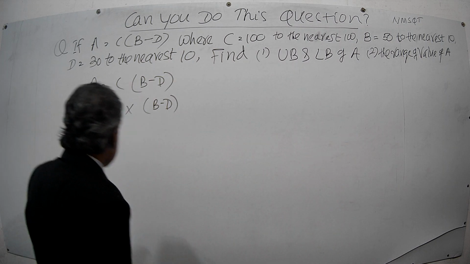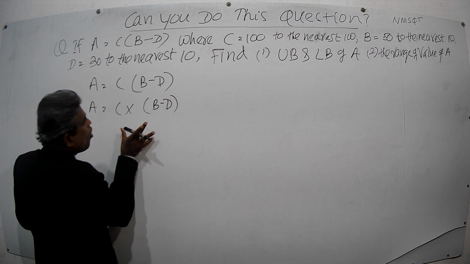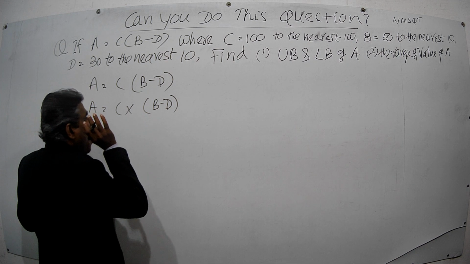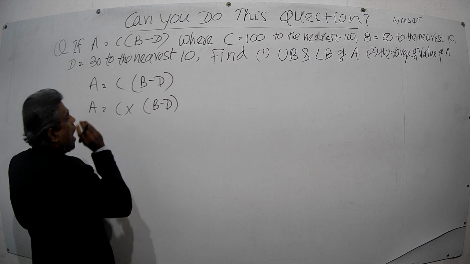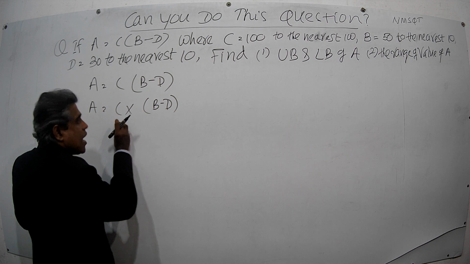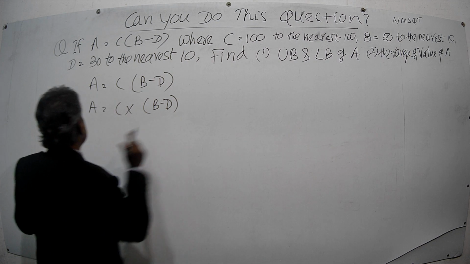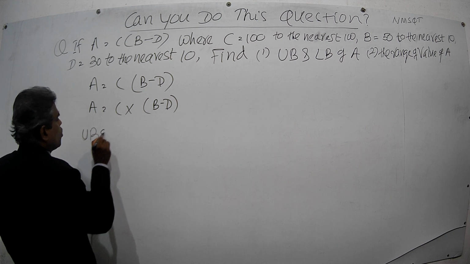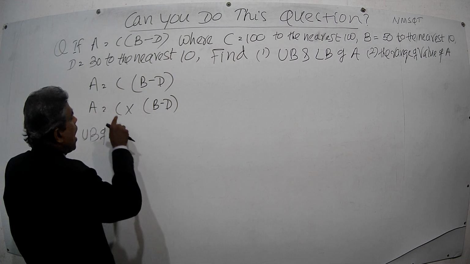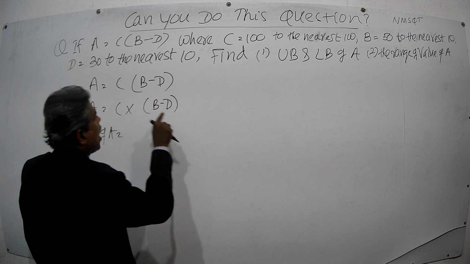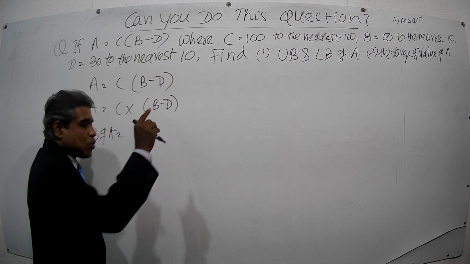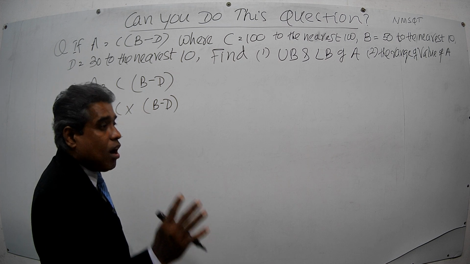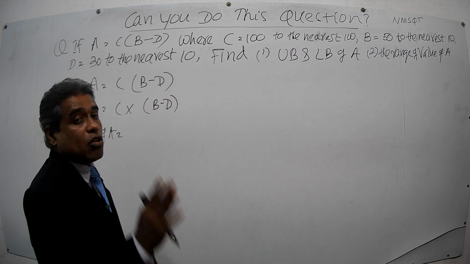That means the upper bound of this product equals the product of the upper bound of C and the upper bound of B minus D. Therefore, we write here upper bound of A equals upper bound of this multiplied by upper bound of this one. That comes from the formula for the upper bound of a product.